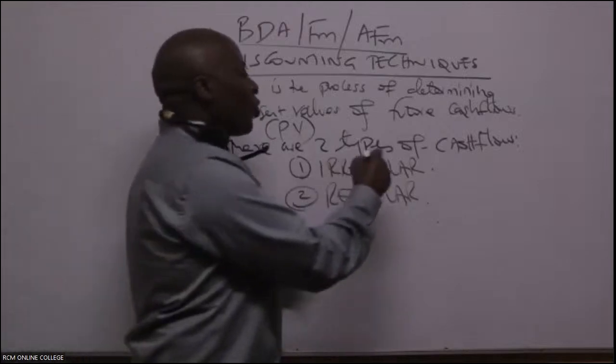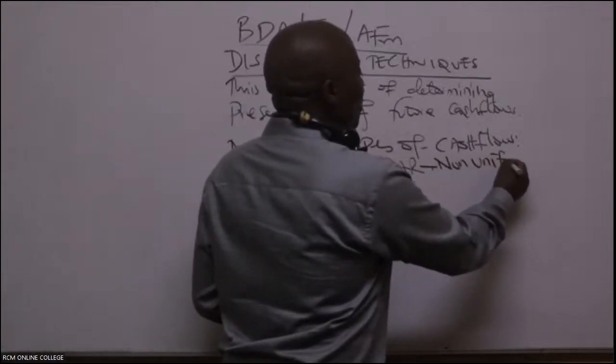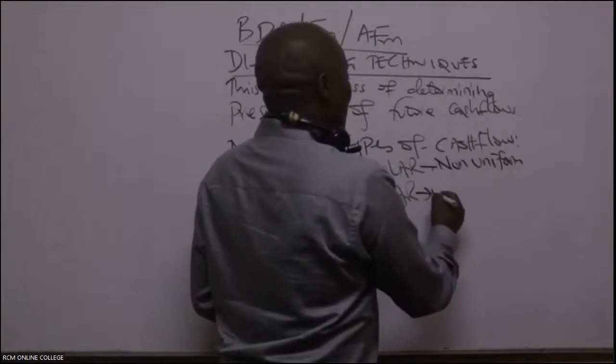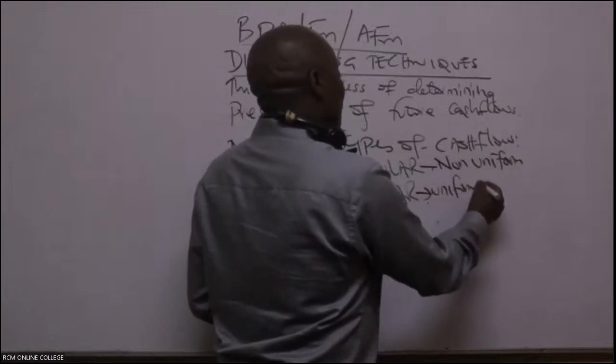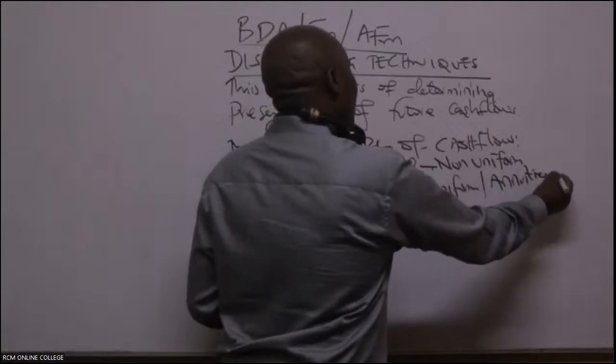Irregular are also known as non-uniform cash flows. Regular are known as uniform cash flows, stroke what we shall be calling annuities.